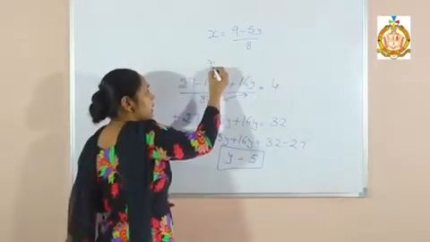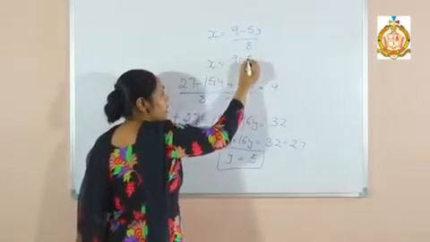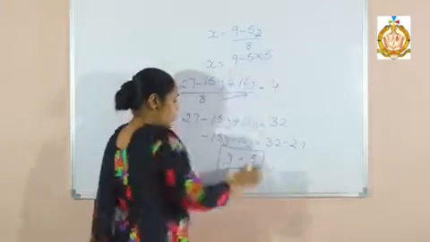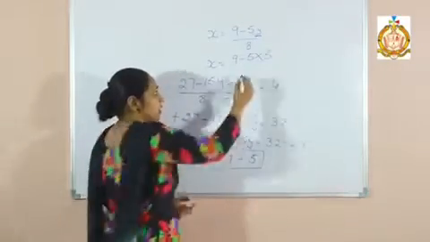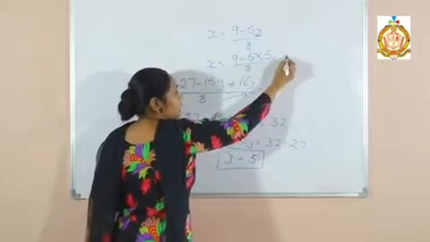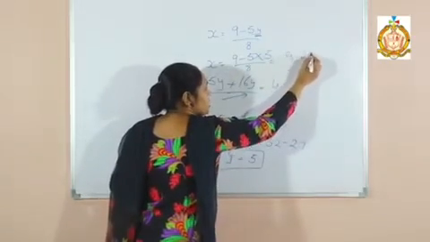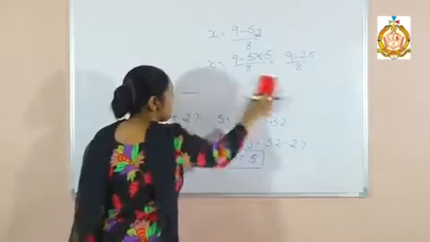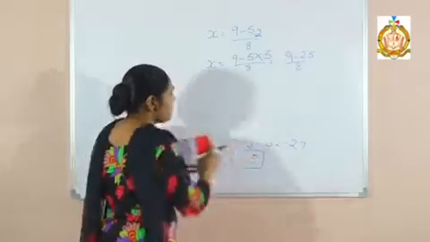It becomes x equals 9 minus 5 multiply this 5. At the place of this y, I will write this value which I found already, divided by 8. Now it becomes 9 minus 25 divided by 8. Now 9 minus 25, it becomes 16.